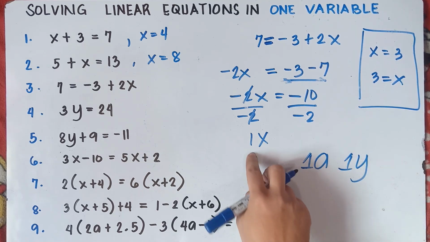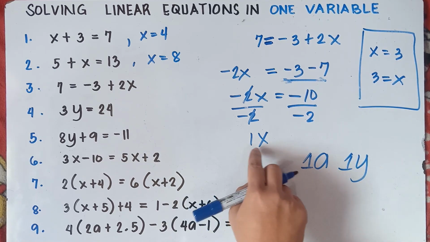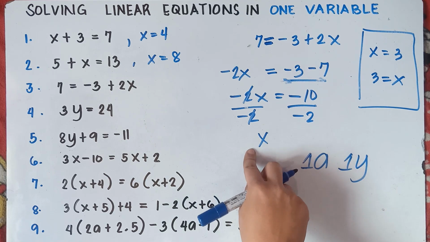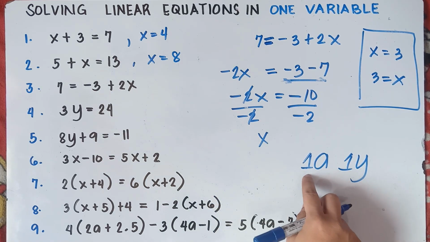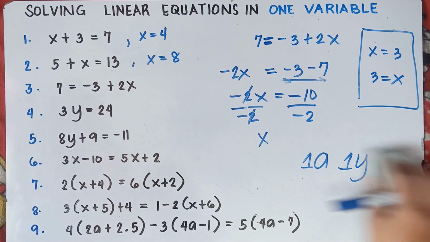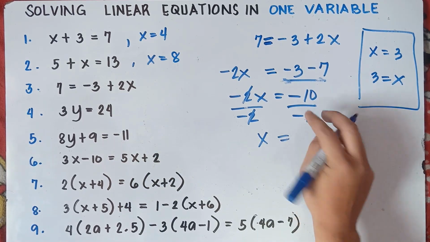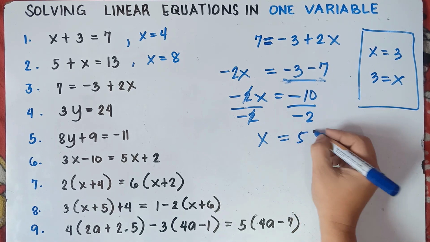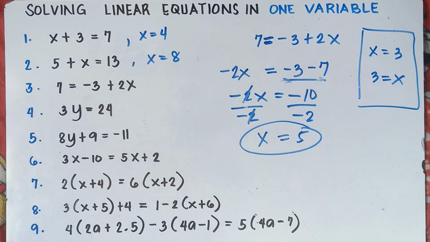So you can actually erase this one. Negative 2 divided by negative 2 is 1. I will just be erasing 1. Alright, and then negative 10 divided by negative 2, that's positive 5. You will get the same answer, class.